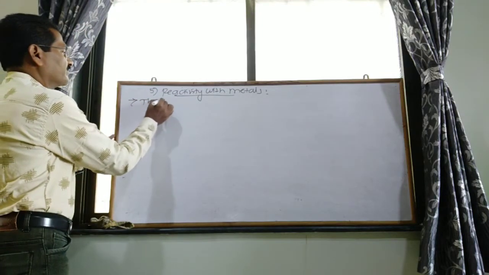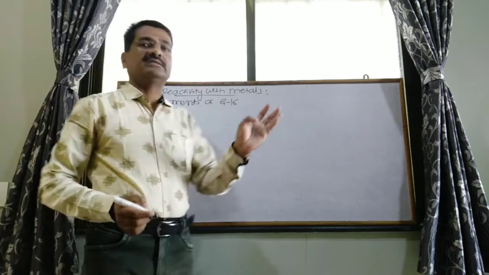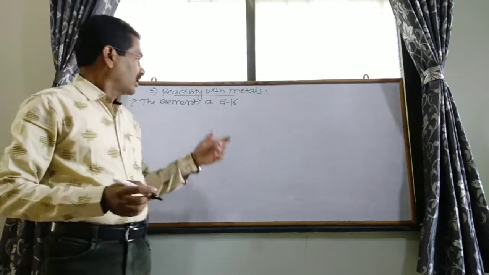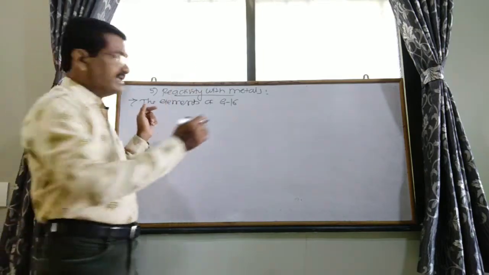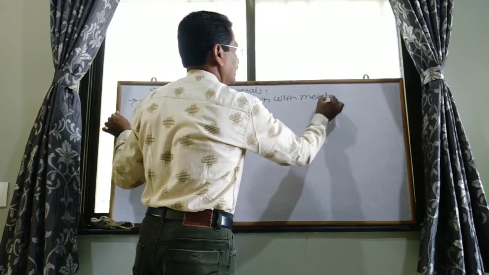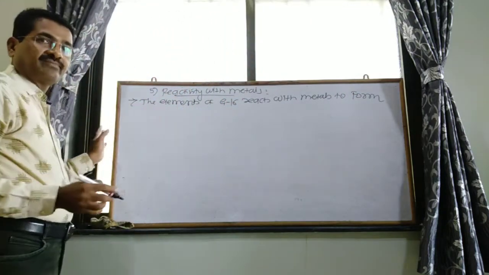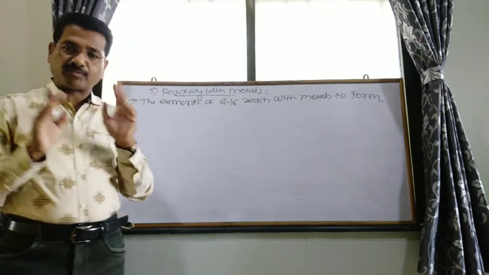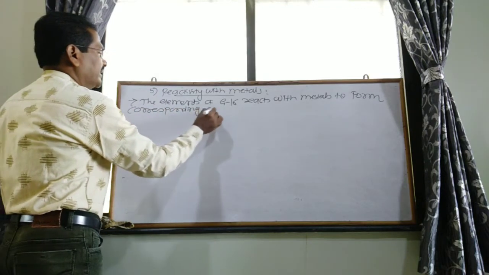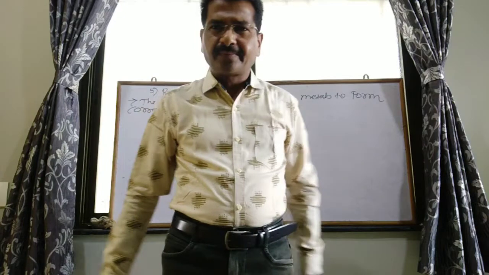The elements of group 16, that is oxygen, sulfur, selenium, tellurium, polonium, react with metals to form corresponding oxides or corresponding compounds, depending upon their valencies.